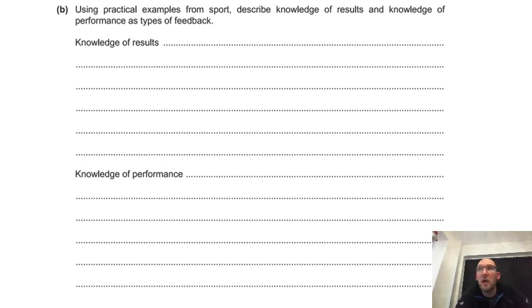So it could be that I tell a centre half that he has had a poor game, he has missed tackles, his technique in passing was bad, so that's his performance. But knowledge of result is that he's actually won 2-0. So the knowledge of result is we did fantastically well because we won 2-0. The knowledge of performance is actually you didn't play very well because of these reasons.